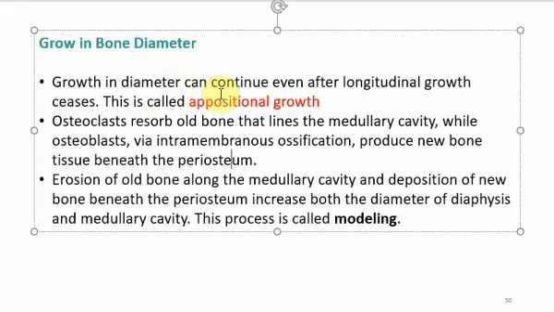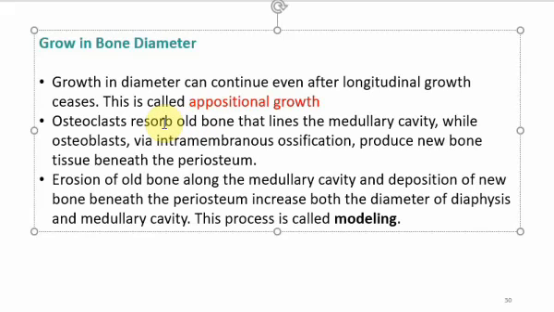During growth in diameter, or during appositional growth, normally osteoclasts resorb old bone, which lines the medullary cavity. Earlier we discussed the medullary cavity, the inner part of your bone. That inner surface of the bone is lined by bone tissue, and as the bones grow, that old bone tissue is resorbed.